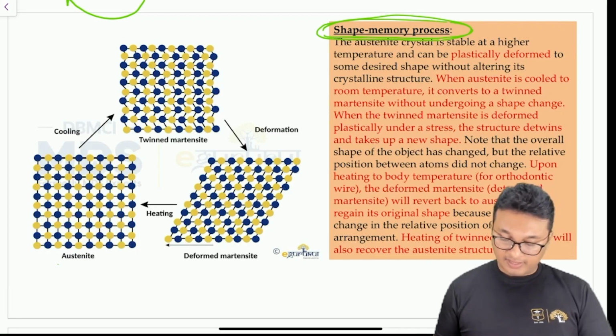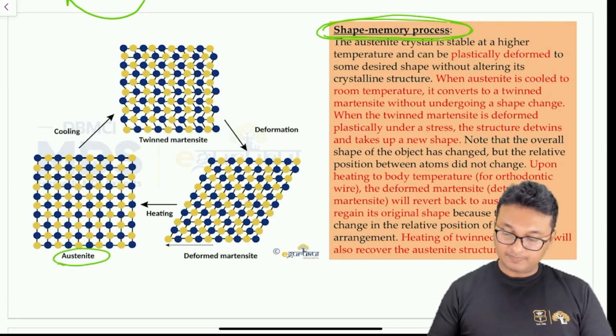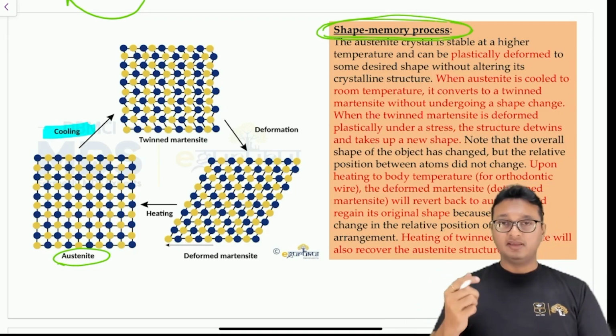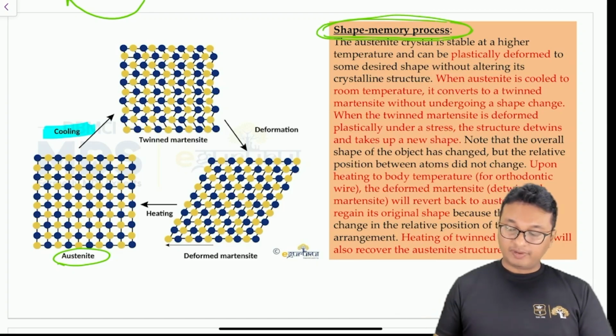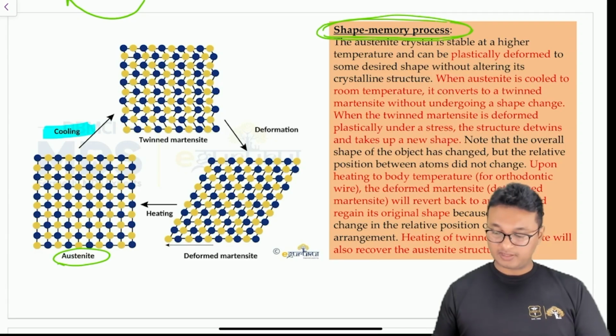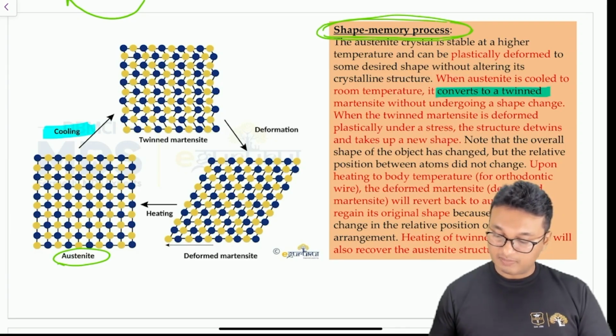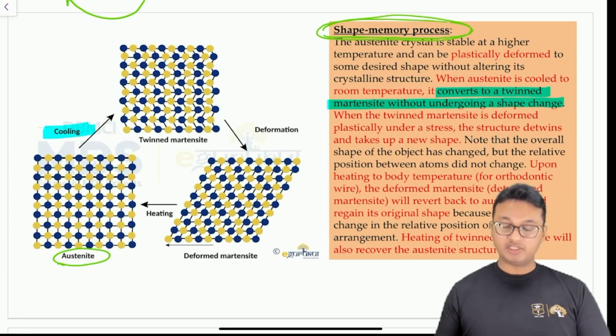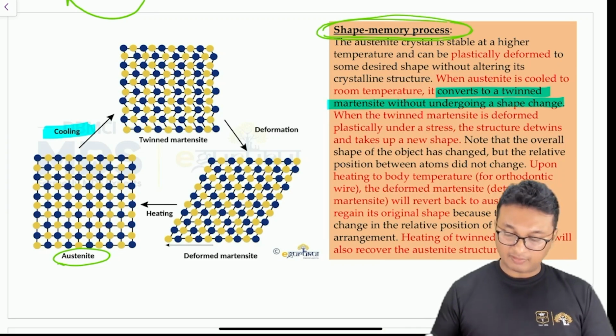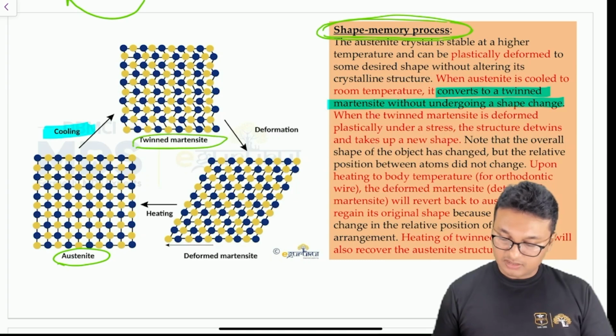Now, when austenite is subjected to cooling, that means if the austenite wire is kept on an ice slab, or on a glass slab which has been cooled in a refrigerator, because of that cooling effect, the austenite gets converted to a twinned martensite without undergoing a change of shape.